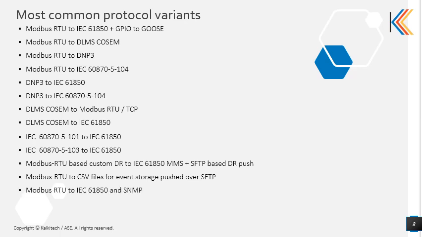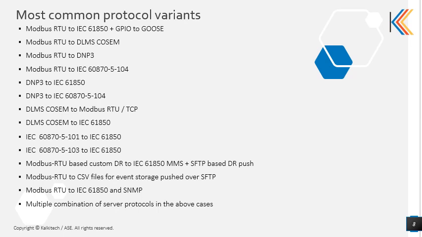Then Modbus to 61850 with SNMP for network monitoring is another requirement. There is also the multiple protocol combination, where you can have multiple servers, any of the combinations above, for example 61850 as well as DNP3.